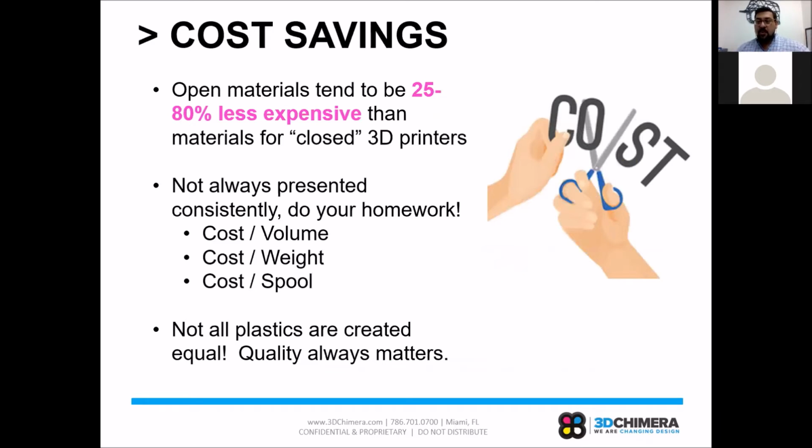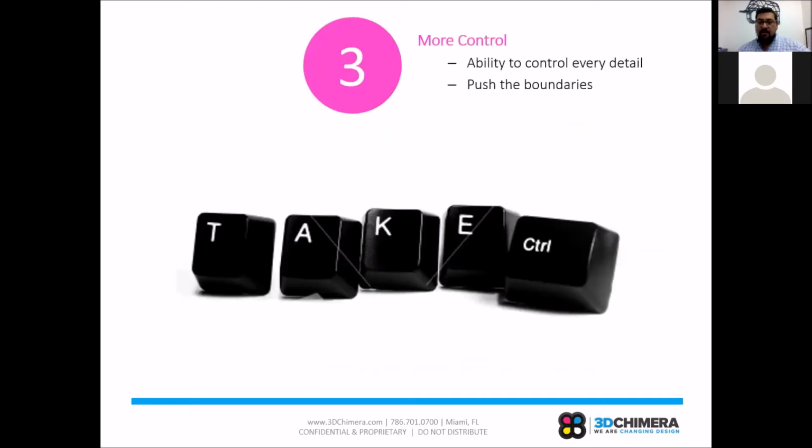You want to make sure that material is going to be around and that it isn't just some fly-by-night operation. So there is a balance there, but regardless, even the big players, the Dows of the world, the DuPonts, the BASF, are still significantly less expensive than what you see on these proprietary closed 3D printers.